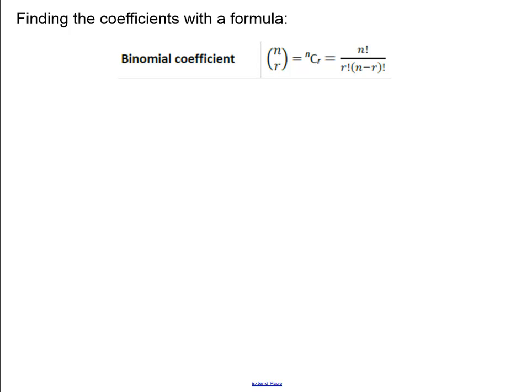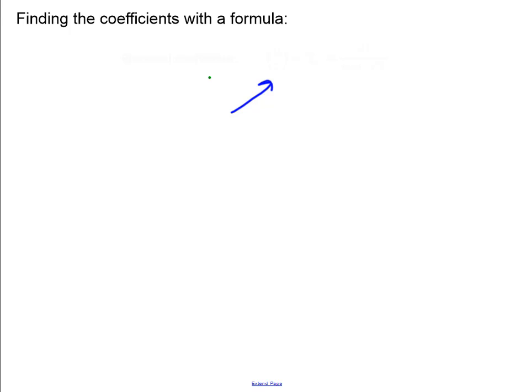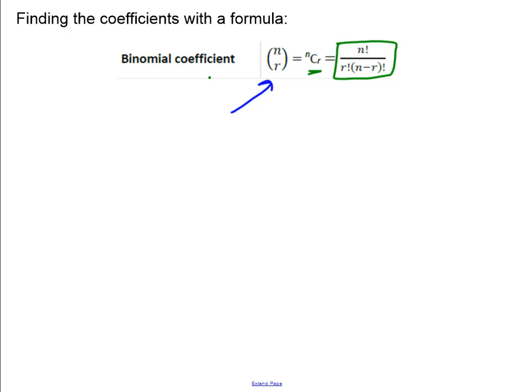The binomial coefficient, and there is that notation that we were just using on the last slide here. So there's that in our formula. And we also have this notation that we are more familiar with from class, the nCr, n choose r. And we worked through how to find these with factorials.